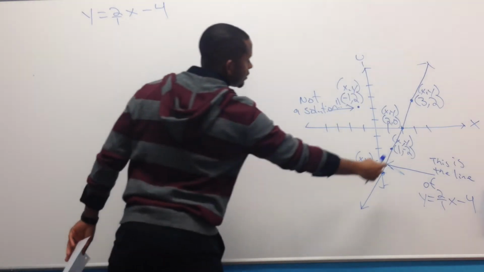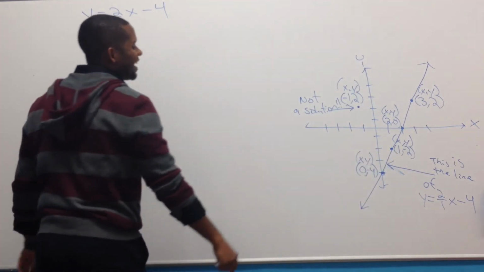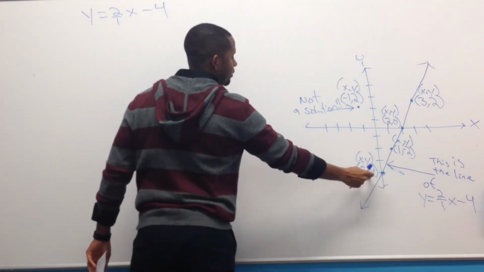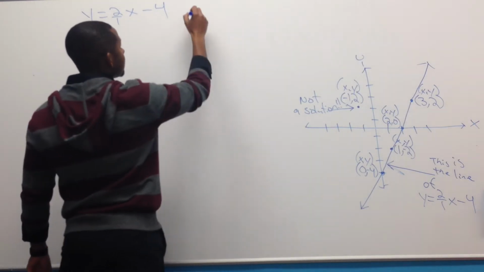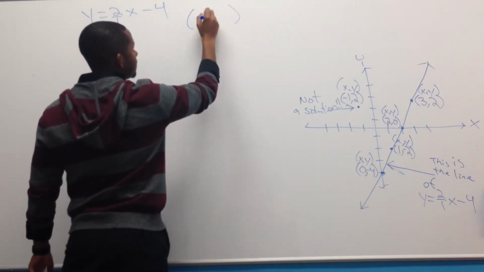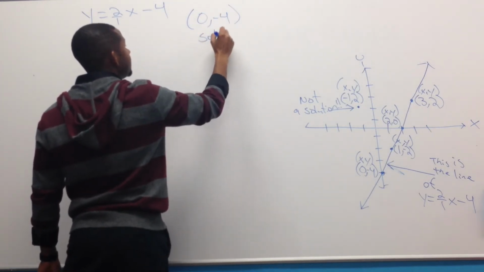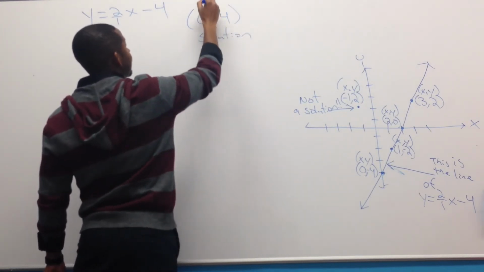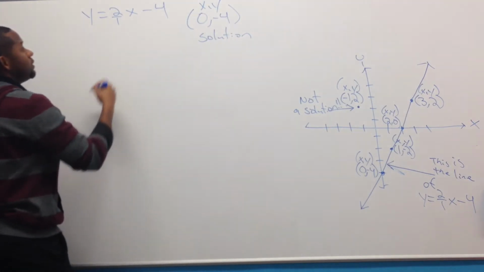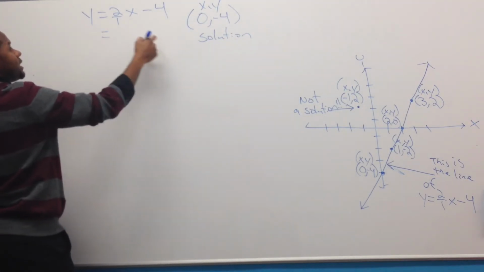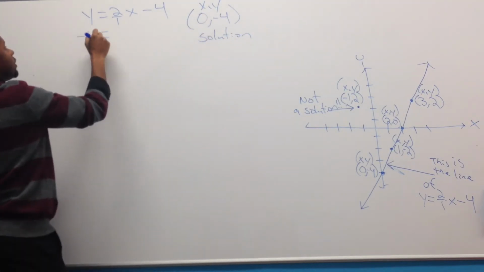Let's use this one way down here on the bottom. Okay? Now we're going to use the point 0, negative 4, which we've also said is a solution because it lands on the line. So, in this case now, y is negative 4.